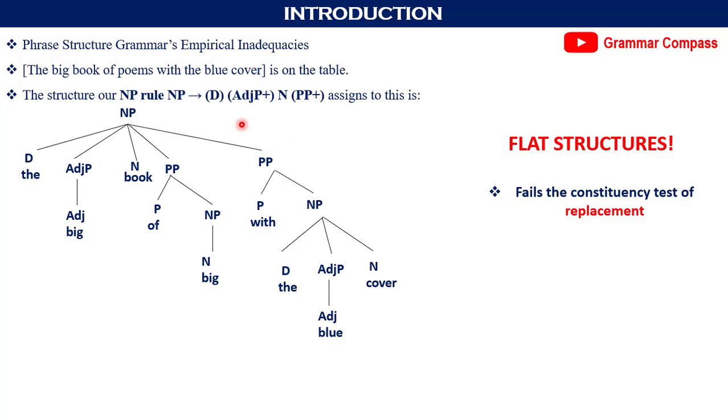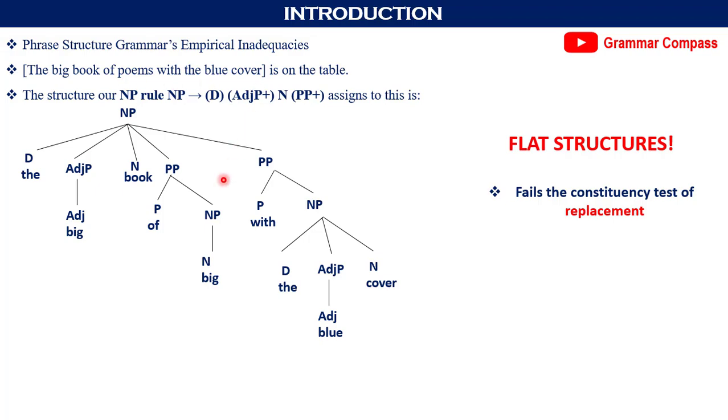Now, what this flat structure here suggests is that we do not have any intermediate constituency. Therefore, we place all the phrases at the same level. But is that the case? We can prove this hypothesis that there are intermediate structures within this noun phrase.